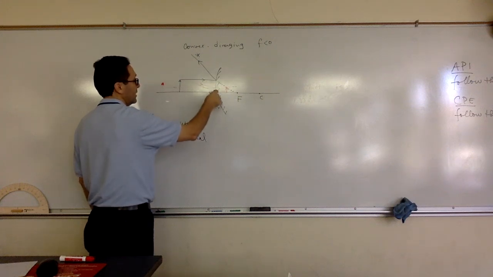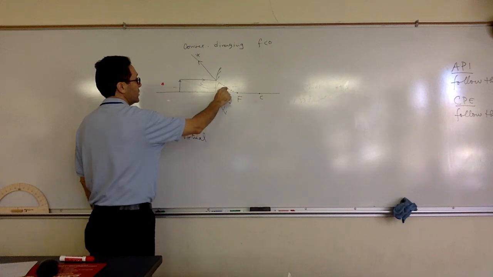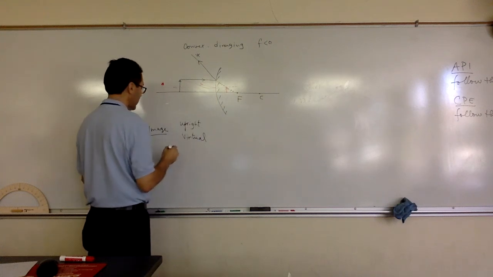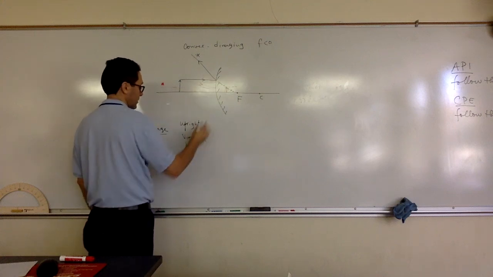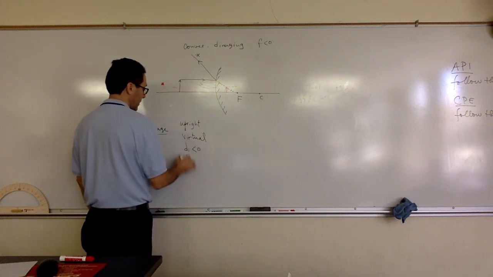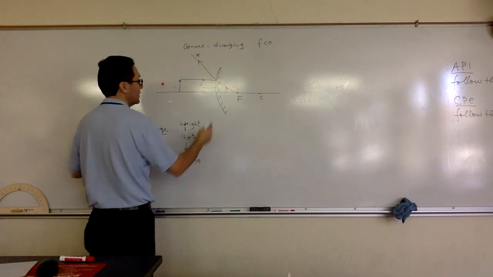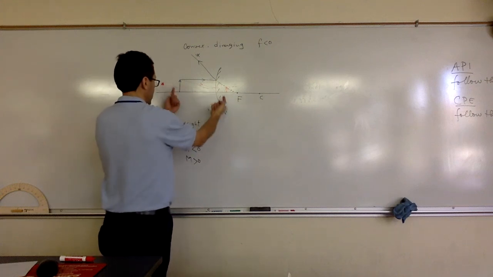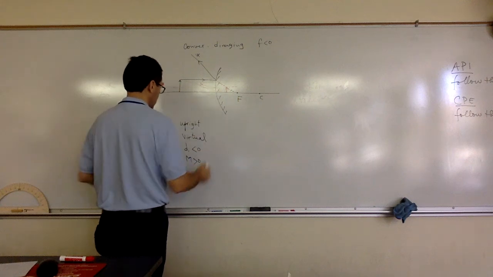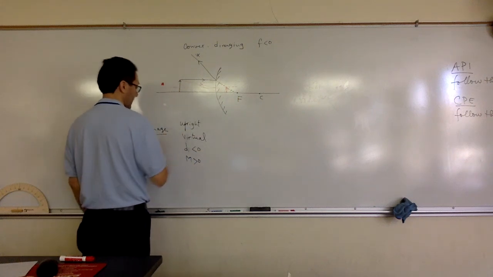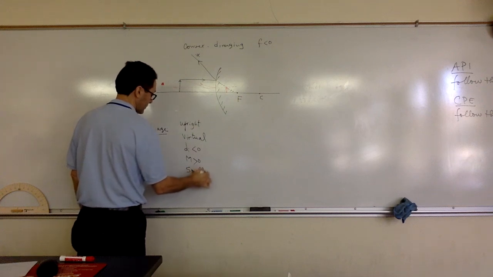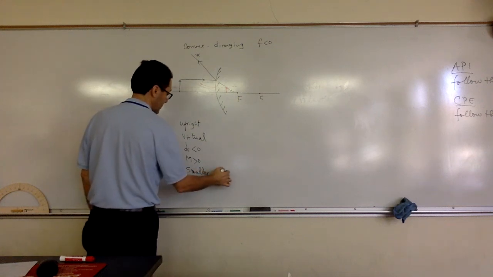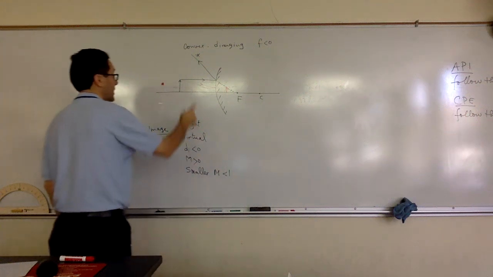The other way you can look at it is that the point of intersection is just the extensions of true rays of light. And the DI is in the wrong place. So DI is negative. Magnification is positive because it's right side up. So it's upright. And what else? It's going to be smaller, which means the magnification would be greater than 0 but less than 1. It's always going to give you a smaller image.